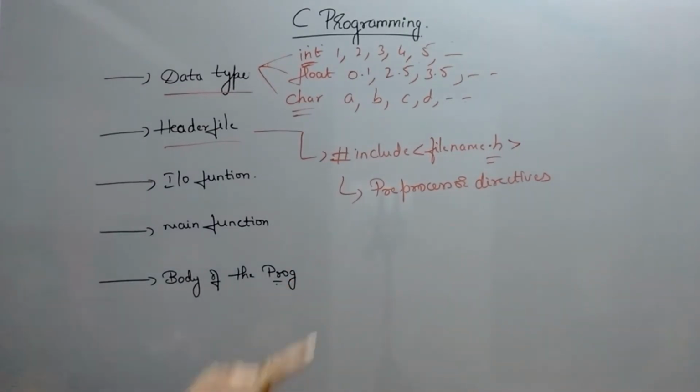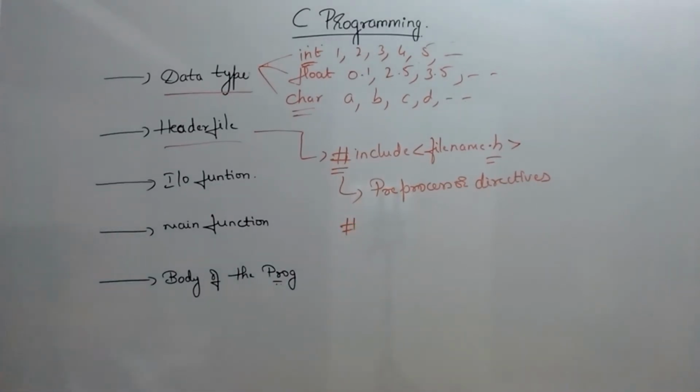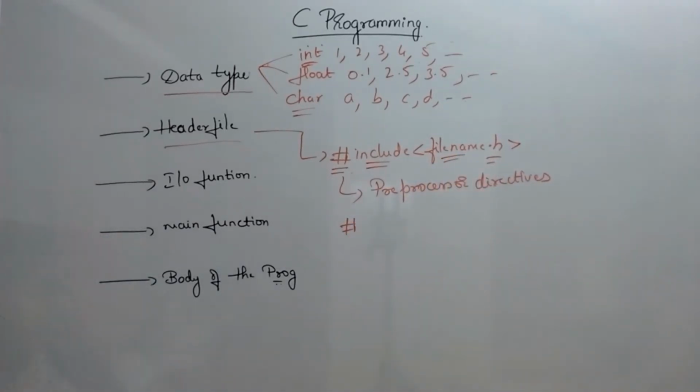Header files are preprocessor directives, or you can say pre-compiler directives. These preprocessor statements usually start with the symbol hash. This include directive informs the preprocessor to include the file contents.